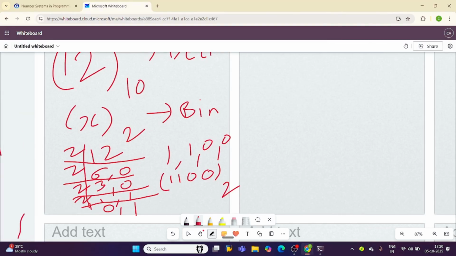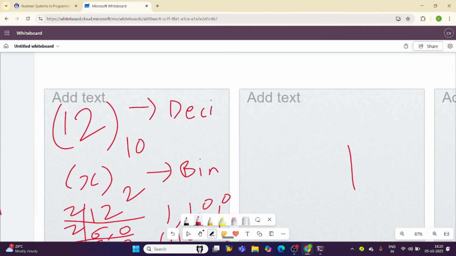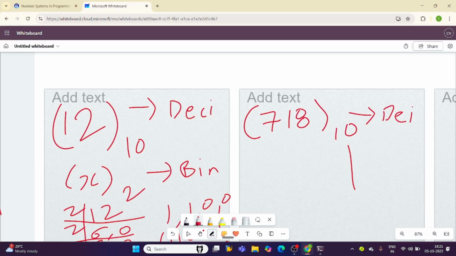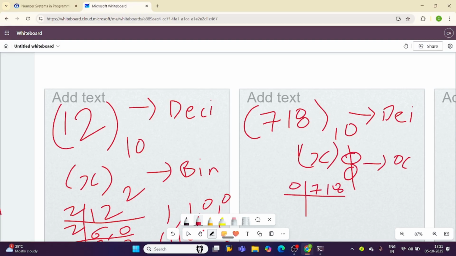Let me jump into another form, which is from decimal to octal. Let's assume 718 as the decimal number, and let x be the number in octal form. Like in the binary process, we need to divide by 8, since the base of octal numbers is 8. When you divide, you get 89 as quotient and 6 as remainder.